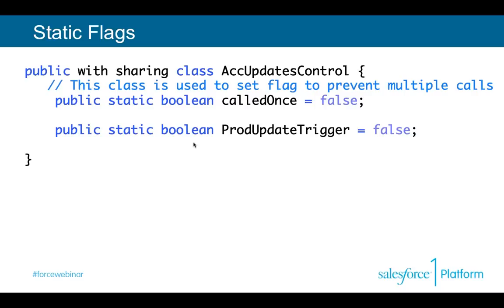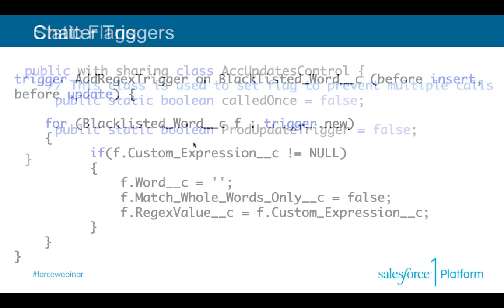One way I can prevent it from being called multiple times is to set up a static flag within a class, and then flip that flag to true or false depending on how I want to control my trigger. So always think of Apex not as writing one trigger that's going to do one thing. Remember that Apex is object-oriented. It supports all the things you need to properly build these utility methods that we're talking about.